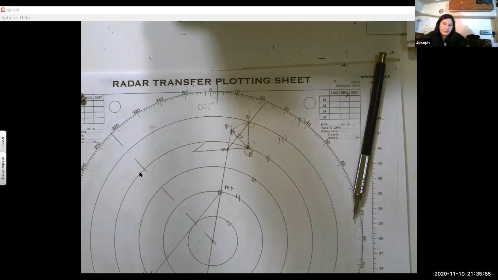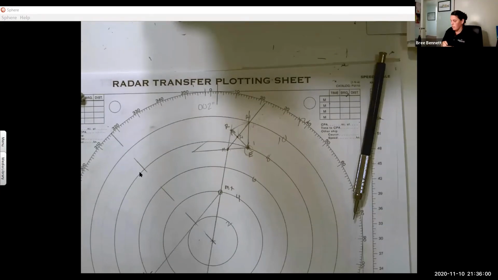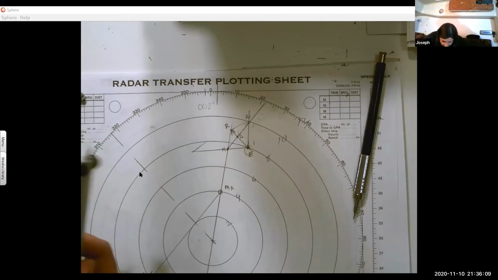Like 1.4. So let's see, 14 knots. It is 12 knots, but you can give or take 3 knots is the wiggle room on that. So that would have been correct.